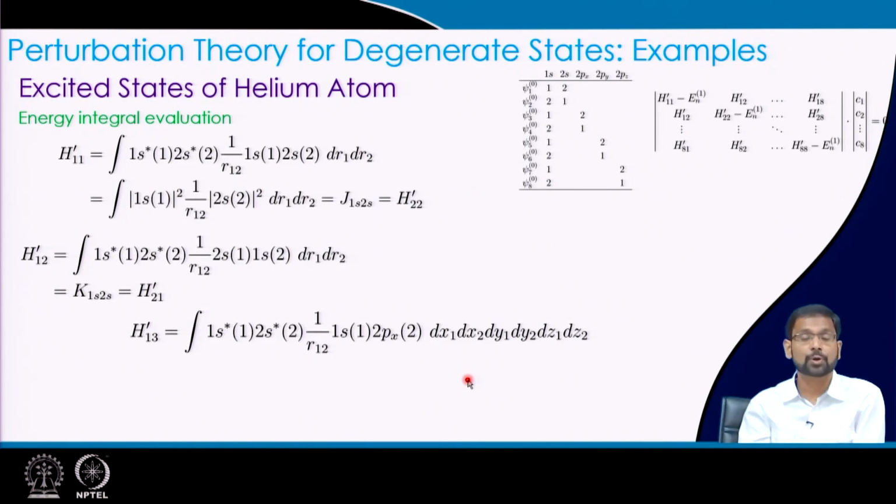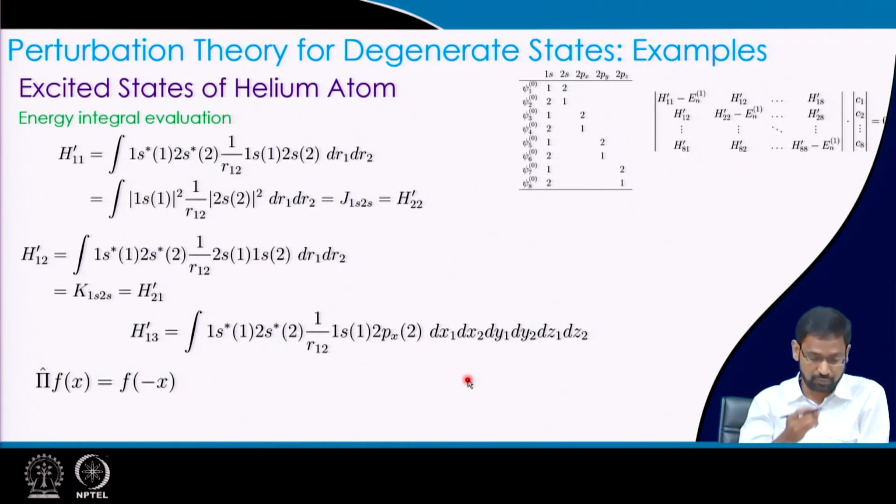There is one important feature here. Let us talk about a parity operator. The parity operator, whenever it acts on a function f of x, takes it to f of minus x.